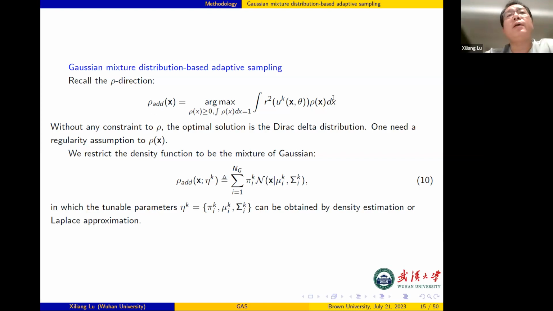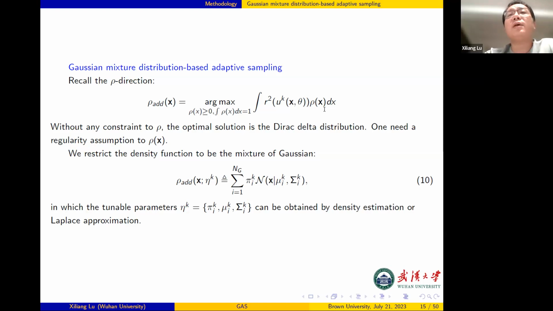Unfortunately, if we just look at the argmax problem without any constraint on rho, the optimal solution is a Dirac delta distribution acting on the maximum point of x. When the residual is large at one point, rho just concentrates on this point. Of course, this is not what we want.